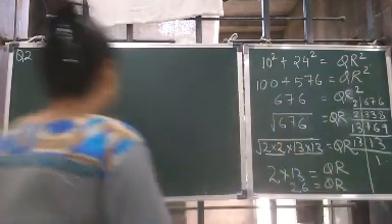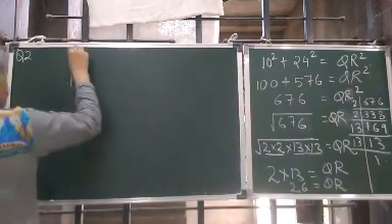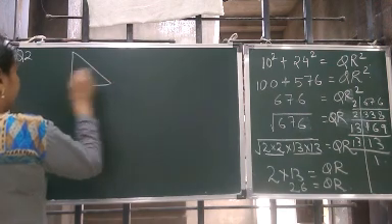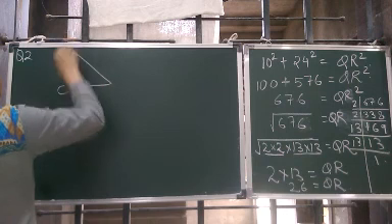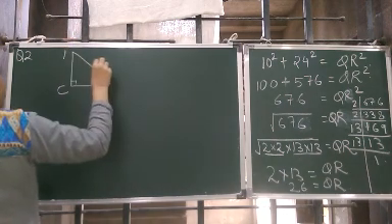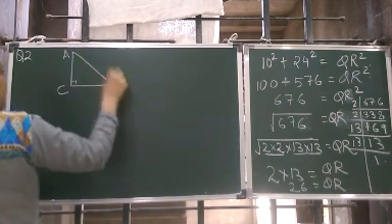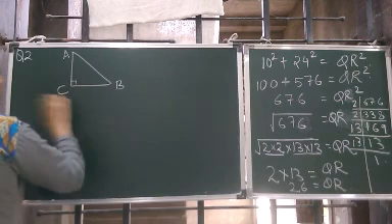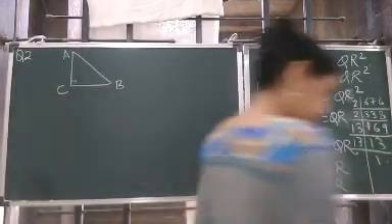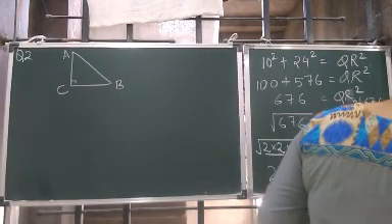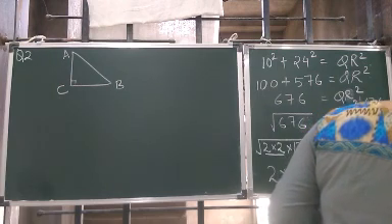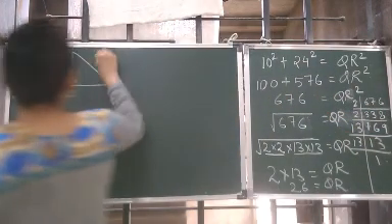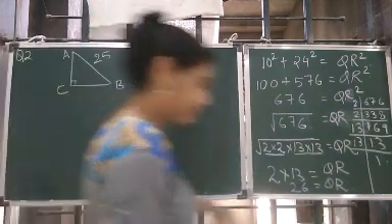ABC is a triangle right angled at C. So again we make a right triangle. C is the right angle. ABC is a triangle which is right angled at C. AB is 25.